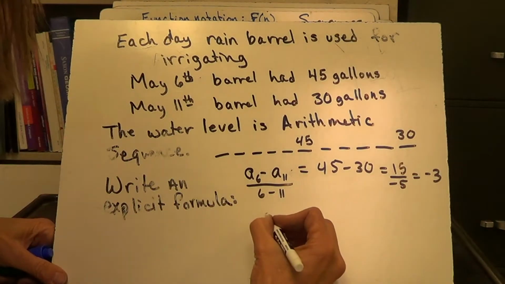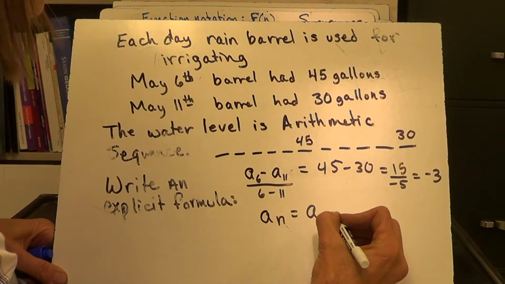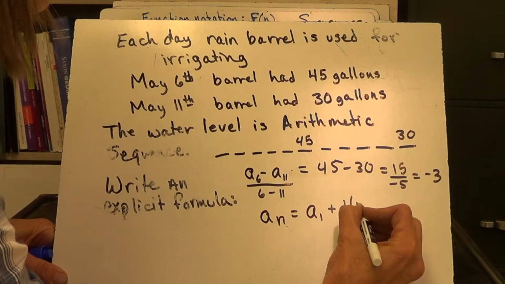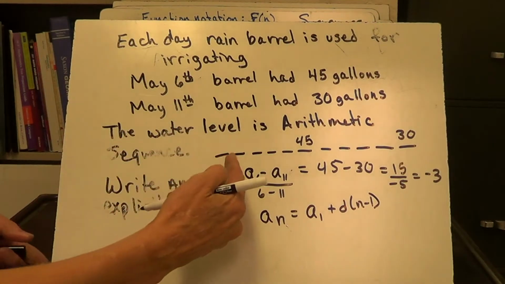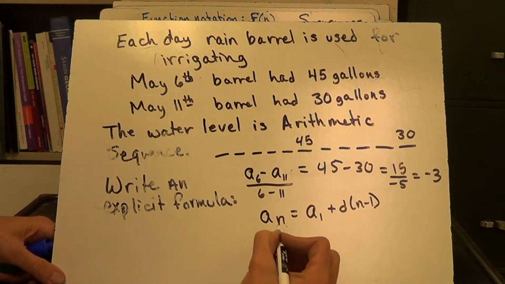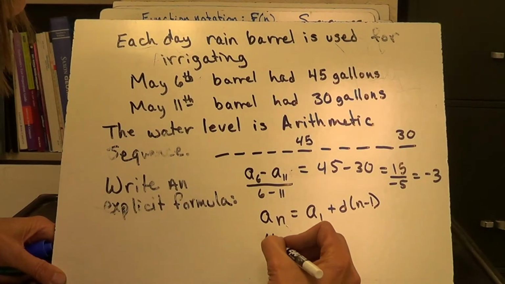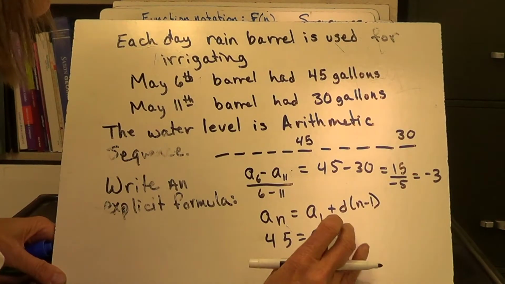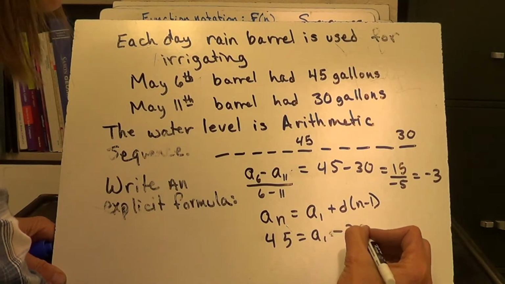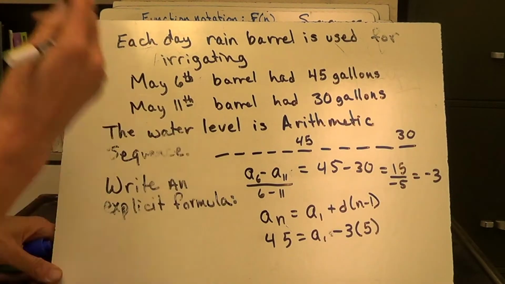Now, I would look at my formula a_n equals a_1 plus d times n minus 1. And I would say, well, I know my sixth term is 45, so let's just put a_6, I'll just put the value there. 45 equals a_1 plus negative 3 times 6 minus 1, which is 5.